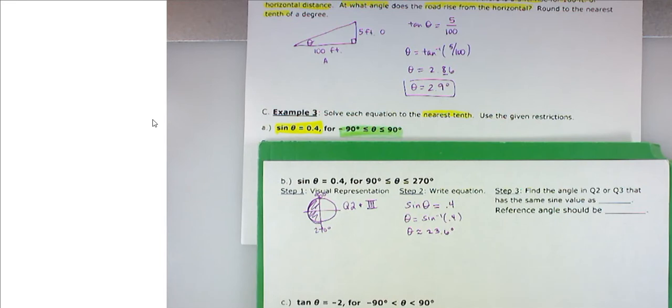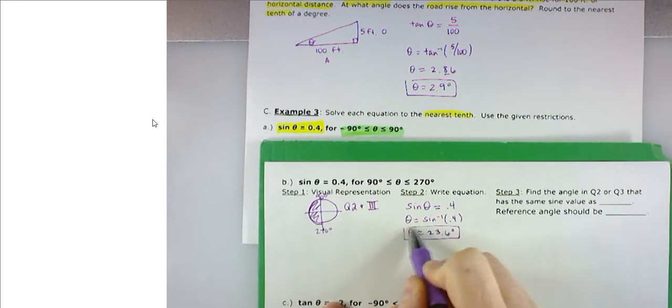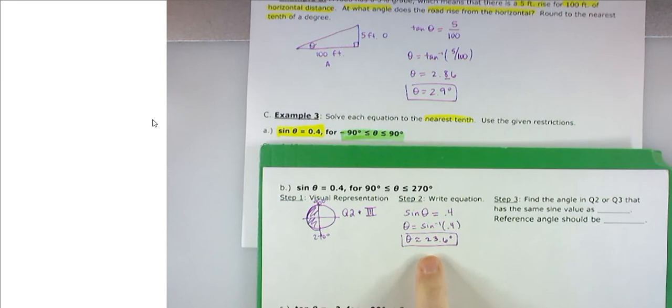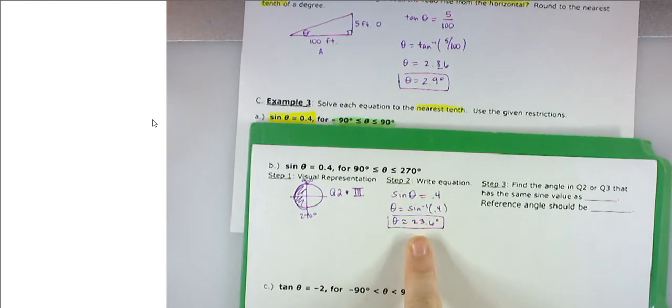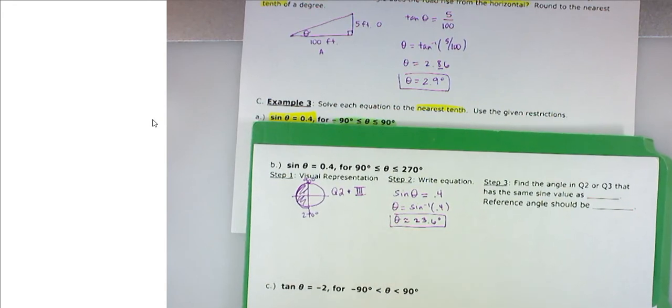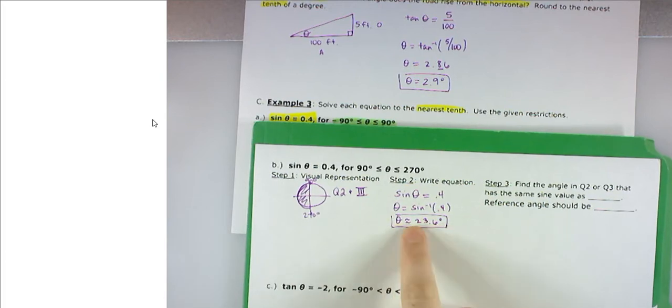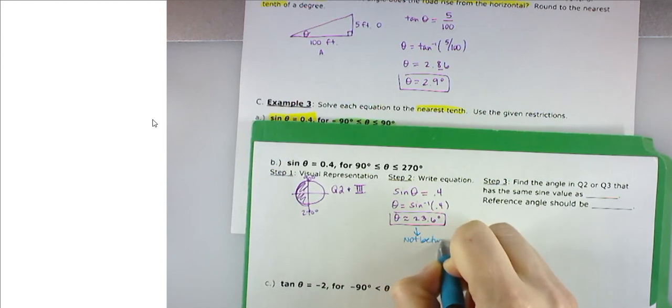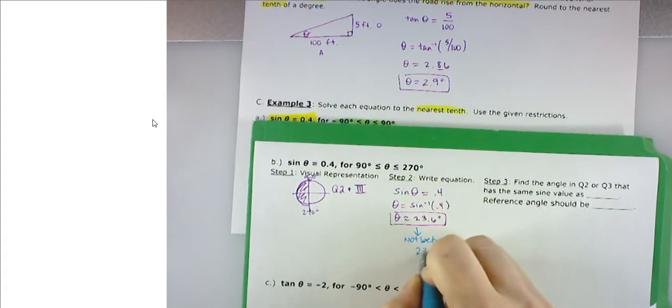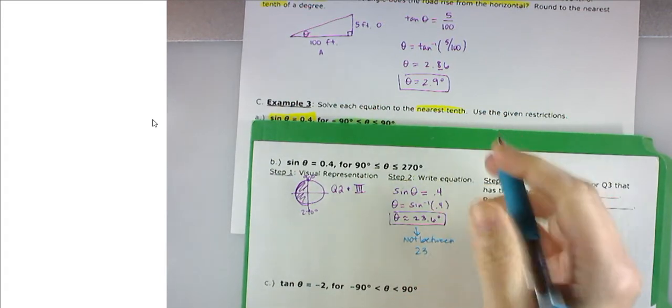Now, here's the thing. What you have to make sure is that you found all of the solutions. This is just one of the solutions. There's actually going to be another solution. So this here, the 23.6, that is not in your domain. This is not between 90 and 270.